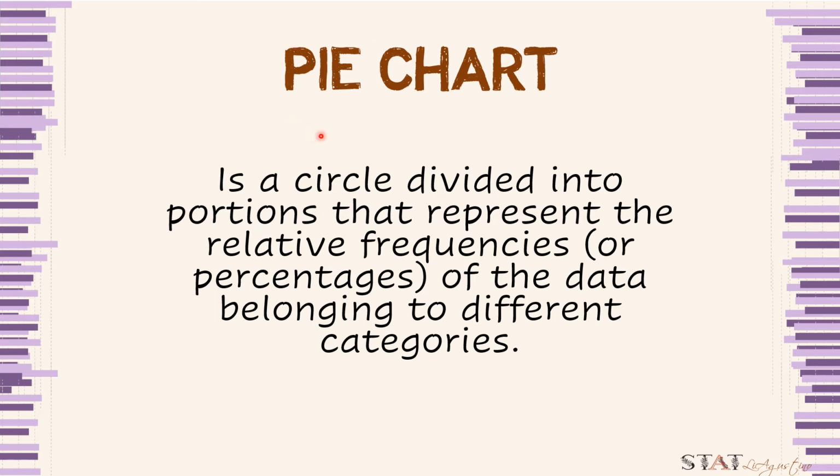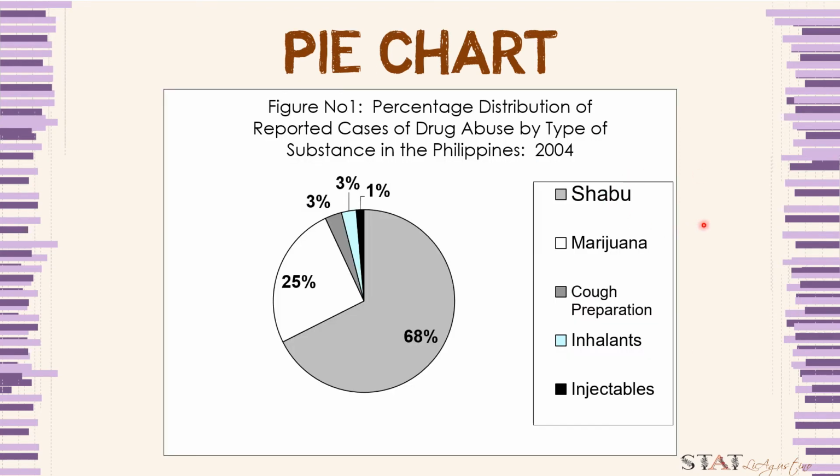Usually a pie is shaped as a circle, right? So it is called a pie chart because it is a circle divided into portions that represent the relative frequencies or percentages of the data belonging to different categories. So this is an example of a pie chart.